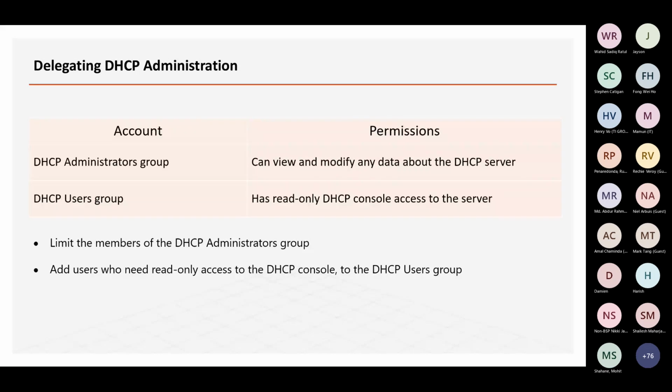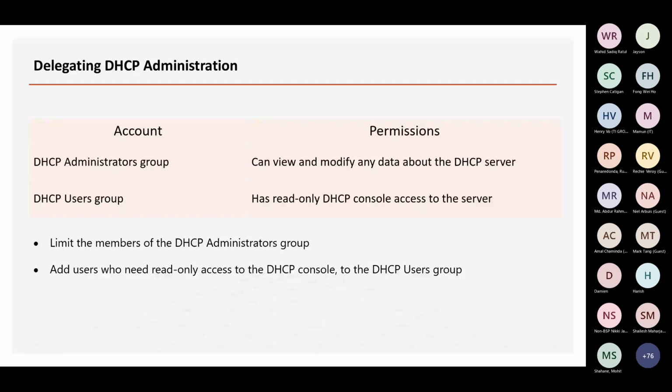Now, in case you want to do any kind of delegation, you may already be aware that a lot of Active Directory groups are created once you install Active Directory in a domain. So if you want to manage DHCP, basically there are two groups used. One is called DHCP Administrators, and there is DHCP Users also.